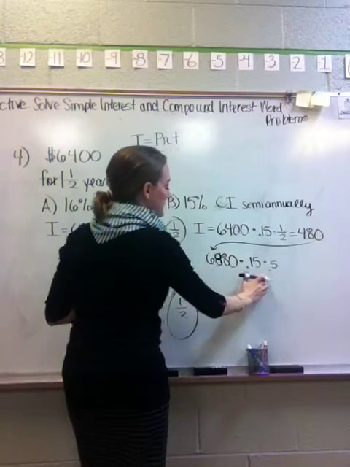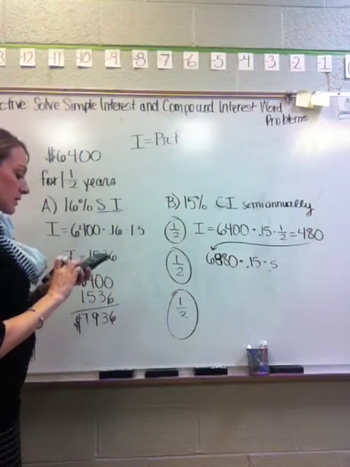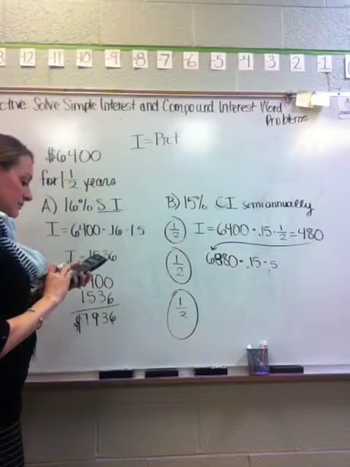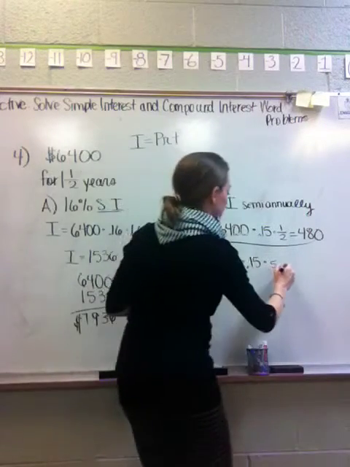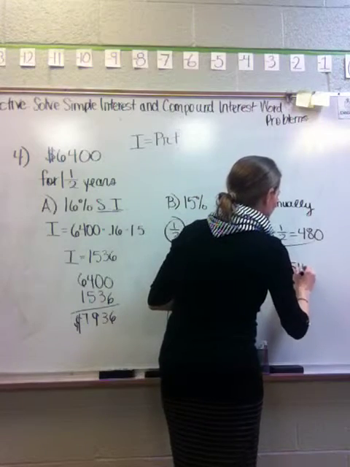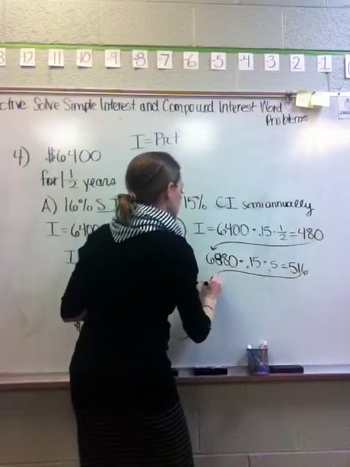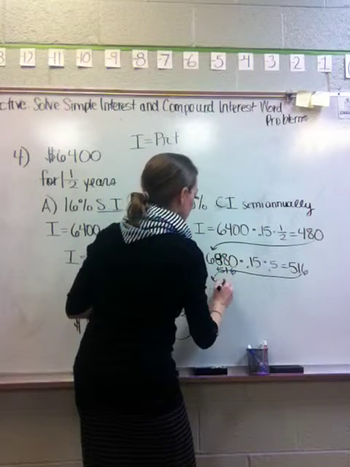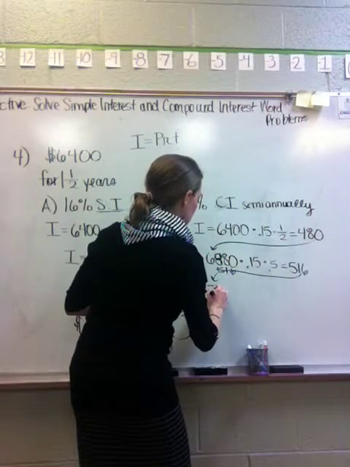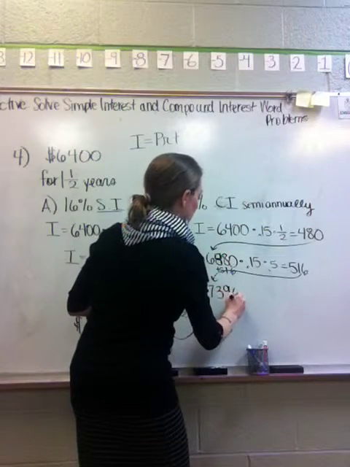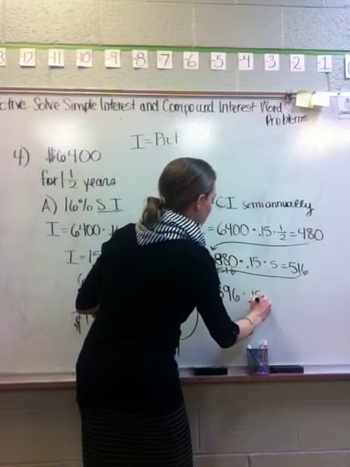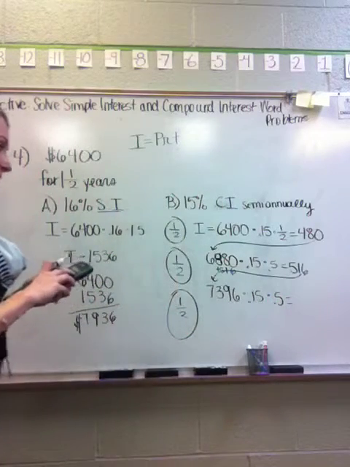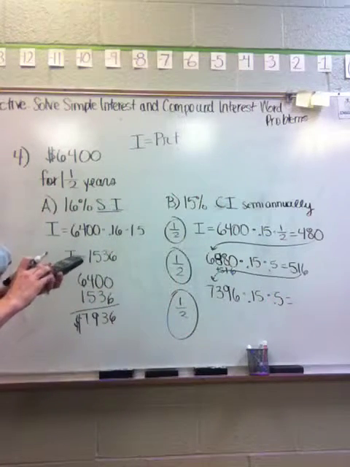Alright, what's this? 516. So I add 516 to this amount, so plus 516, 7,396. Okay, times 0.15 times 0.5, what's that equal? 554.7.